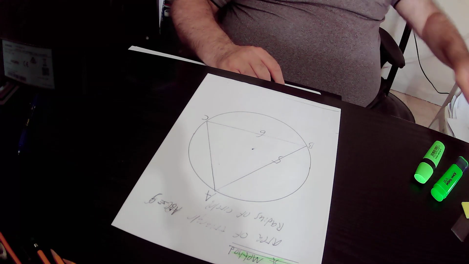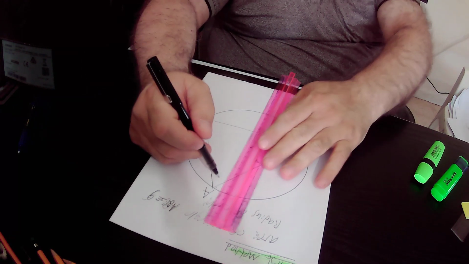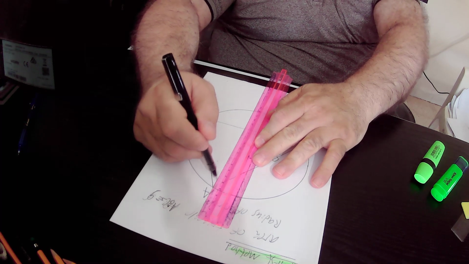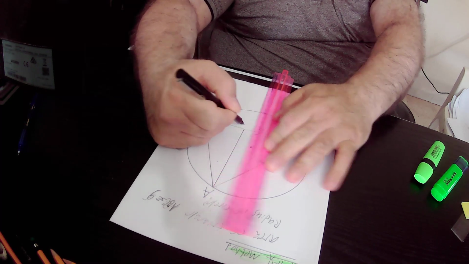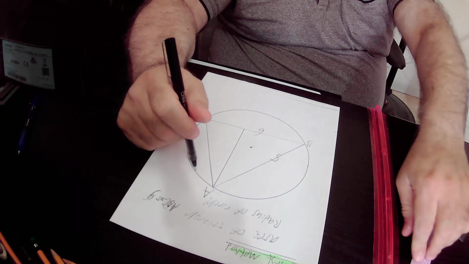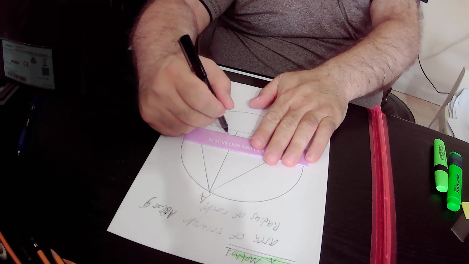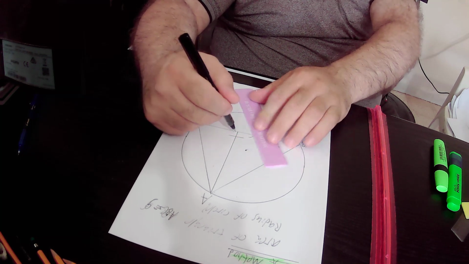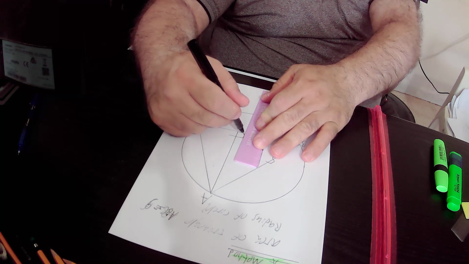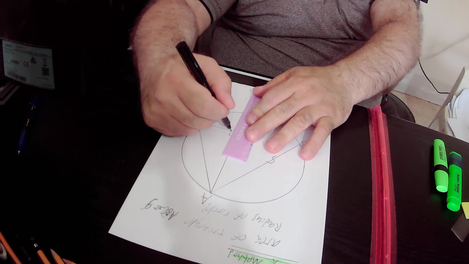In the first method, from point A, we draw a perpendicular to BC. This angle equals 90 degrees, and this angle will also equal 90 degrees according to our construction.